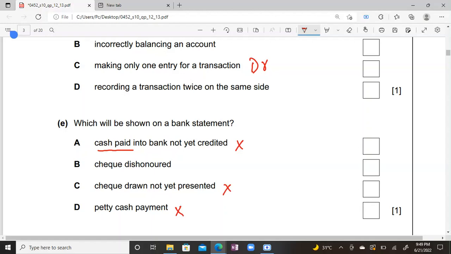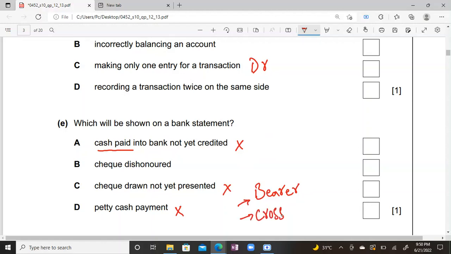And in the second case, even if the supplier went to the bank, the cheque takes processing time. There are bearer cheques and crossed cheques.